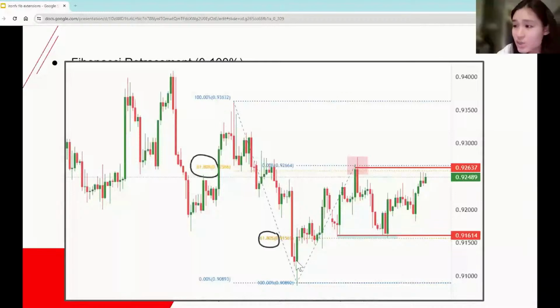Next we have another retracement from the bottom to the top over here, and we have a 61.8% Fibonacci retracement again that lines up with the 0.91614 level. For this level, we actually have it matching up with two swing lows, so this makes it a pretty significant level.